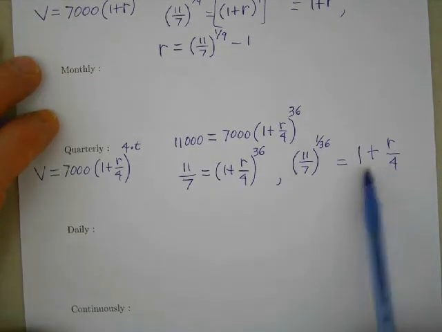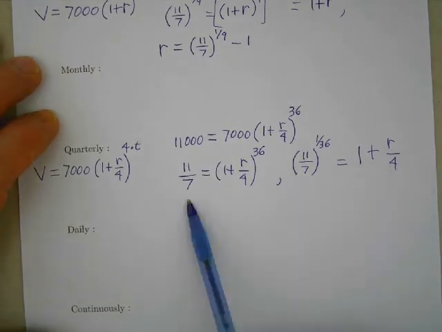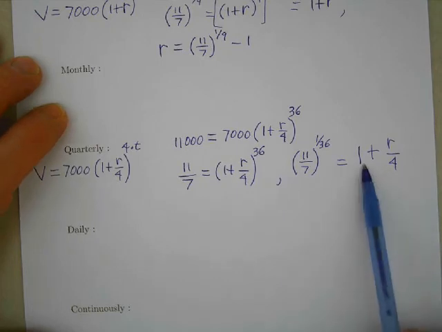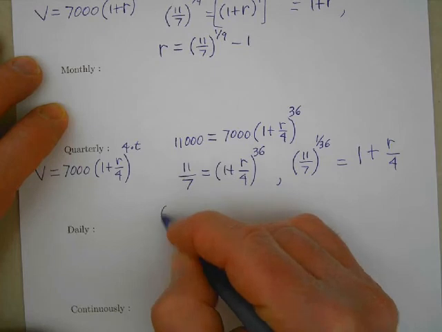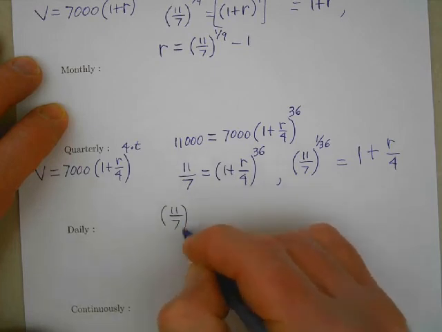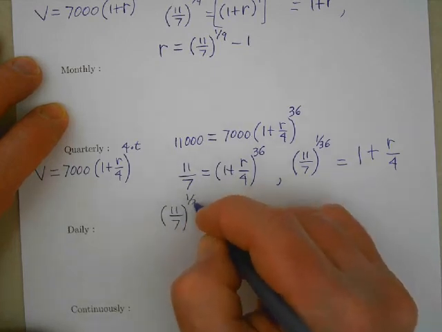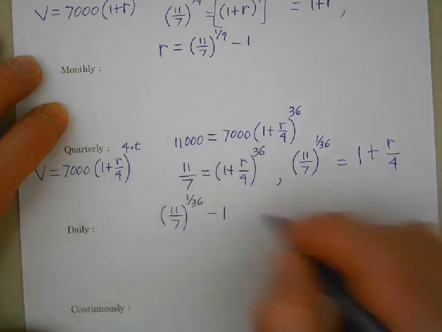Okay, so in 2 more steps, we can solve this equation for r. First, subtract 1 from both sides, so we get 11 sevenths to the exponent 1 over 36 minus 1 equals r over 4.